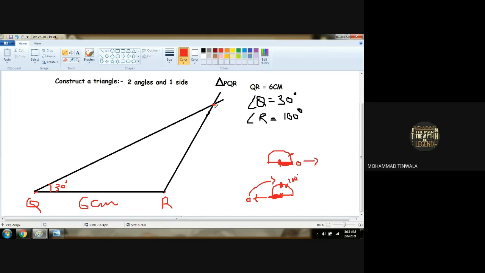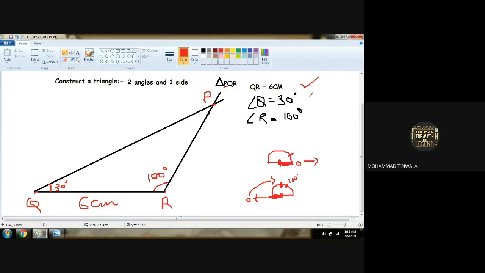This intersecting point. Now we have two points, Q and R. Which point is left? P. This intersecting point name as P. So our triangle PQR and this angle is of 100 degree. So our triangle with two angle, one side is ready.